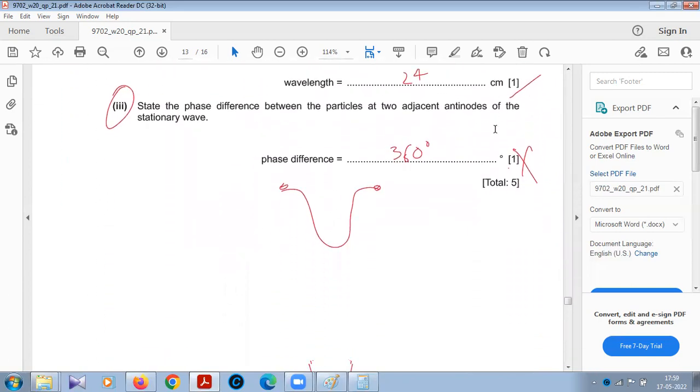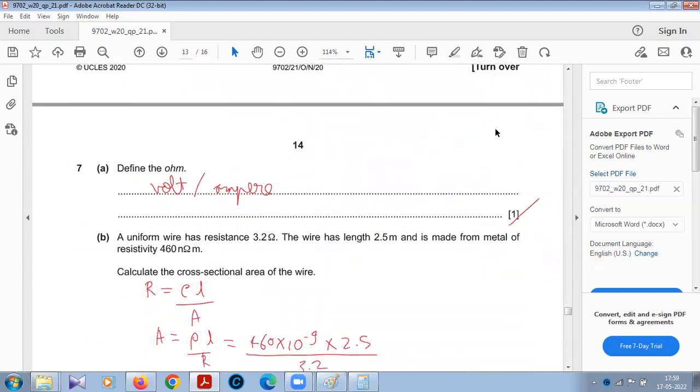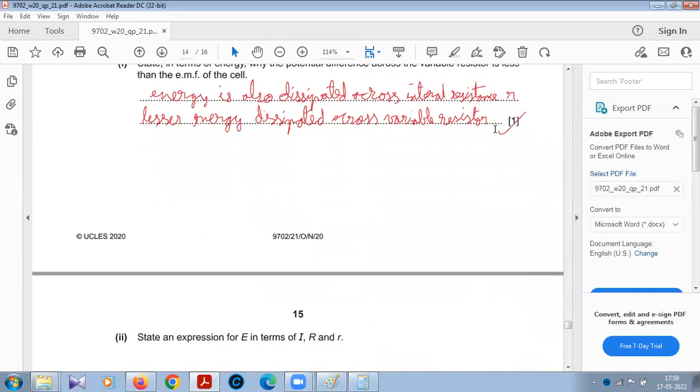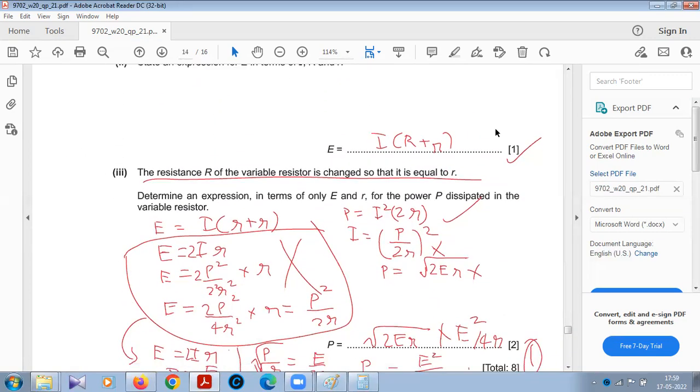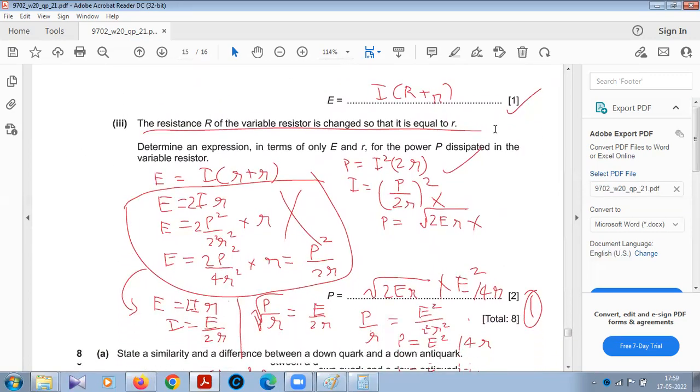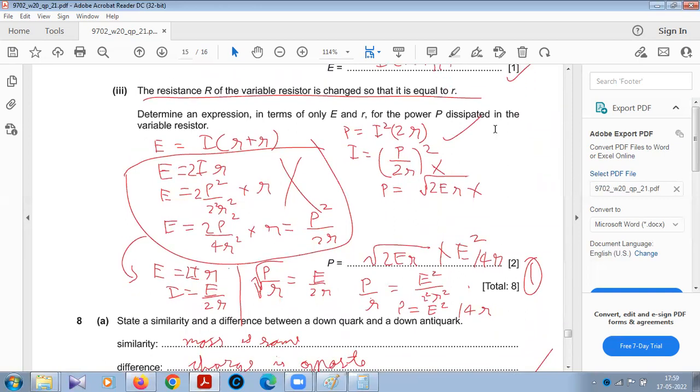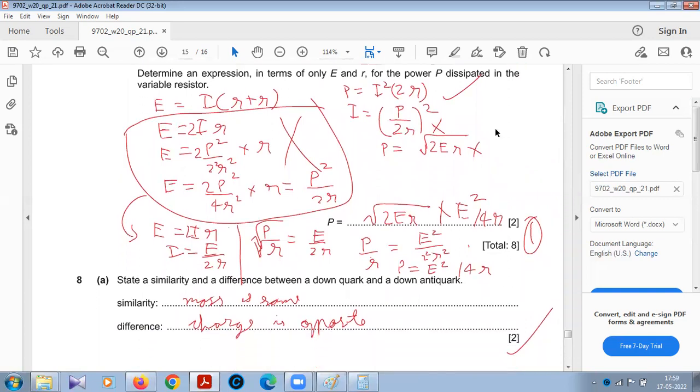So basically, the phase difference will be 180 because it's two adjacent antinodes. It's not one complete oscillation. I also understood this question. This one, resistance, yeah, I did.